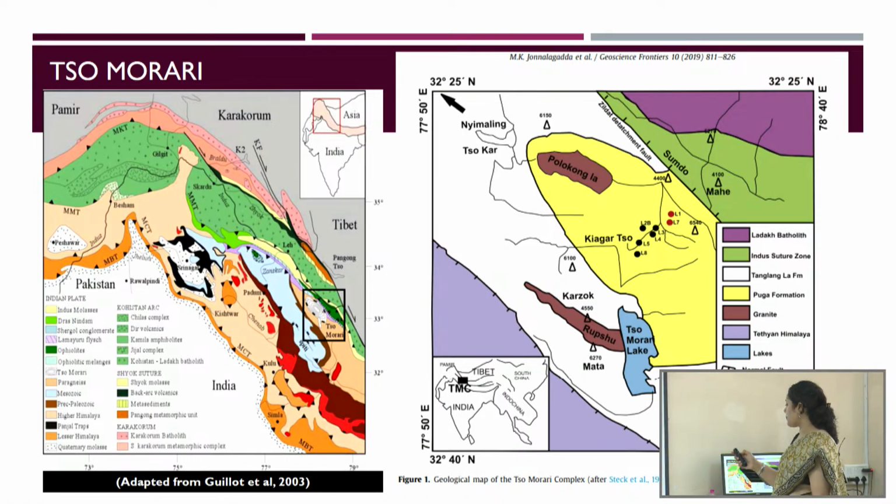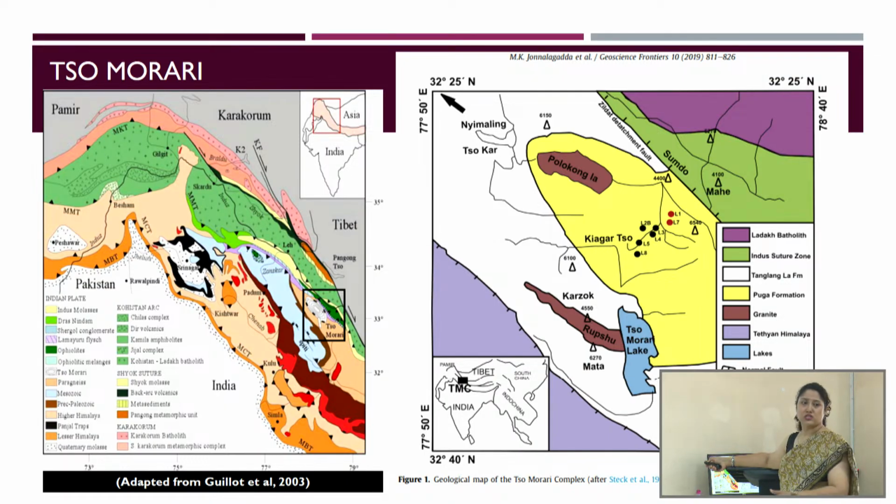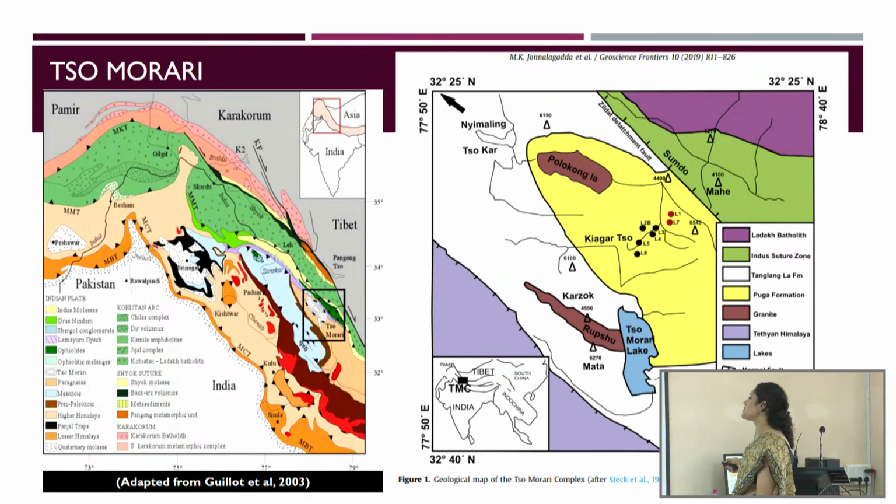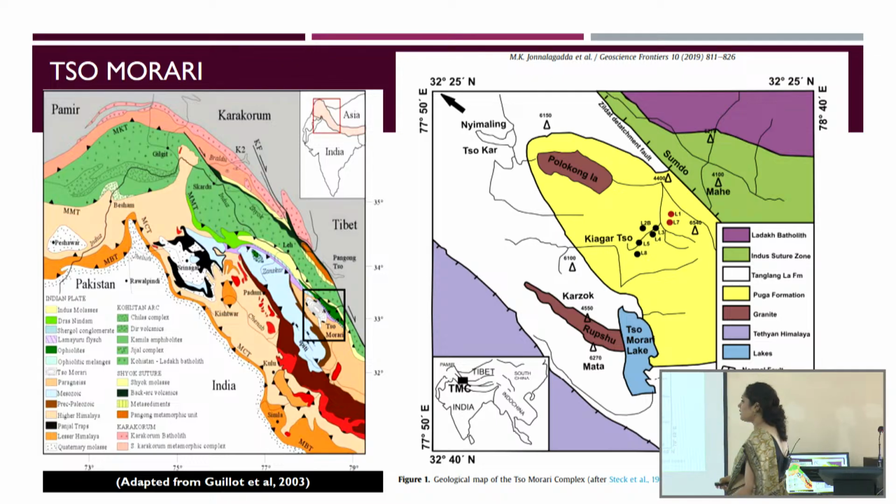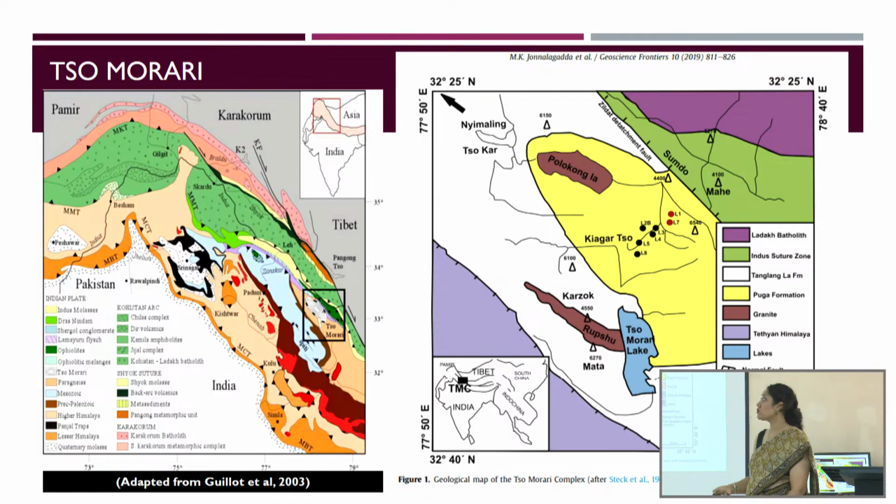Okay. If you look at the map, it's a dome shaped or an oval shaped structure. The yellow is the quartzofeldspathic gneisses. It's extensive and highly deformed at places, grading at some places to mylonites also.